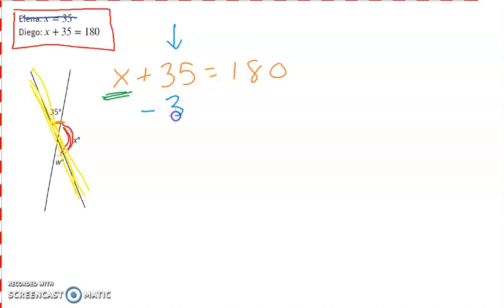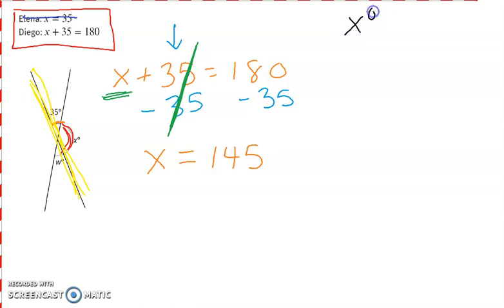So I am going to subtract 35 from both sides, which effectively cancels this term out or eliminates it, leaving us with x on the left-hand side and 145 on the right-hand side. So, using that, we have solved that x equals 145 degrees.